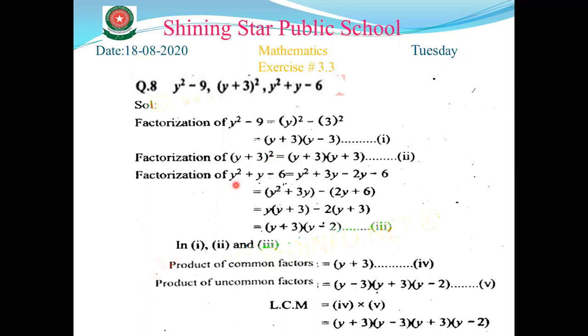Now factorization of y square plus y minus 6. So y square plus 3y minus 2y minus 6, because 3 multiplied by 2 is 6 and 3 minus 2 is 1. So simple. From the first two terms, we will get y common, so y plus 3 is remaining.